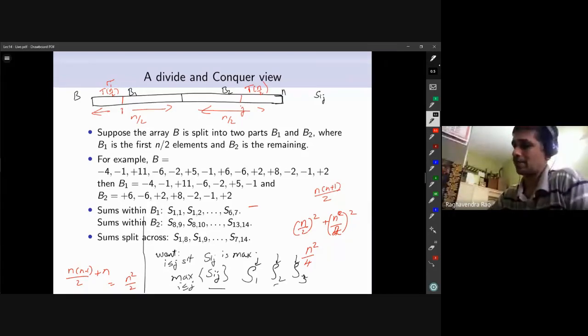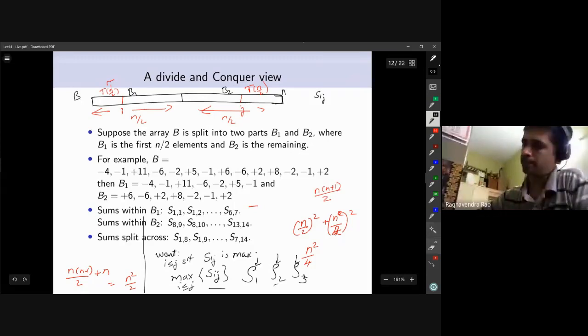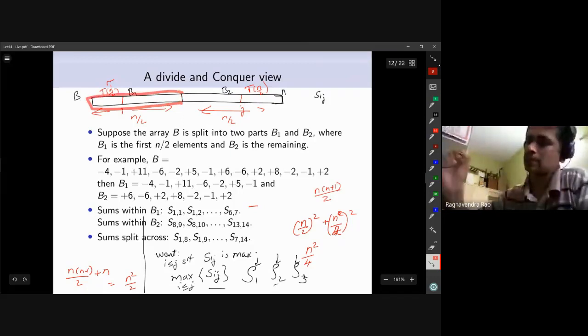I'm only talking about subarrays now. So what are the non-trivial subarrays which are within this? That's exactly this, right? So you're only looking at the subarray. So this 7,7 will not come here, because it should be based on the information we have about this array alone. So the subarrays are exactly this.